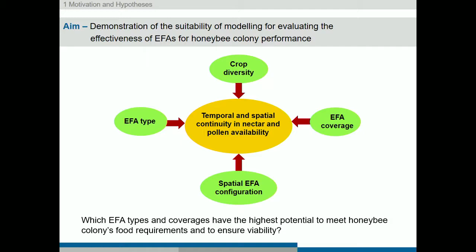And so we are asking which ecological focus area types and coverages have the highest potential to meet the honeybee colony's food requirements and to ensure the long-term viability of honeybee colonies.